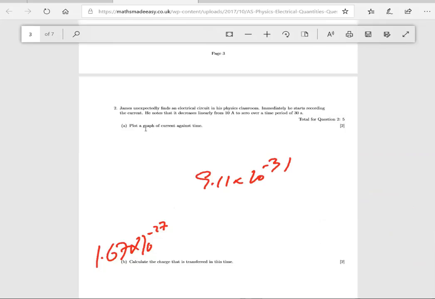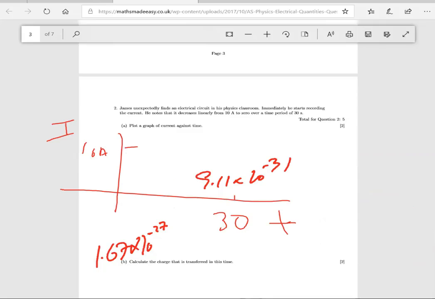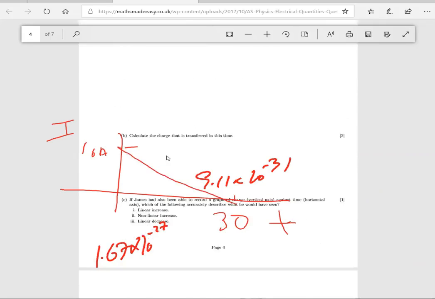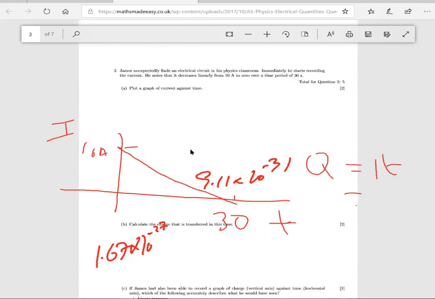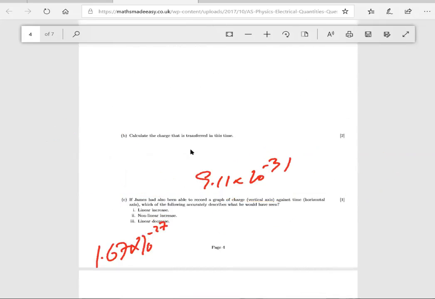Okay, this is also easy. Wait, let me draw it. That's easy. It will be like this, a triangle. Calculate the charge: Q equals IT. That is also simple. You can write it on your own later on. What's the answer for C? This is a good question.